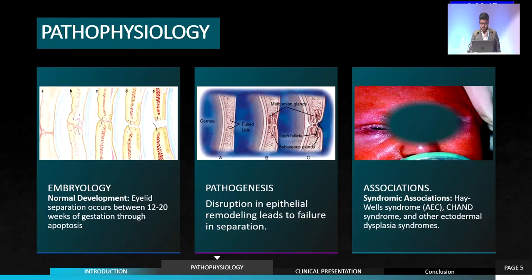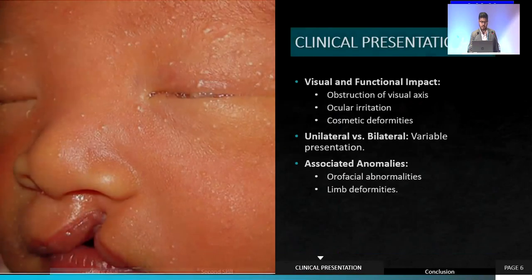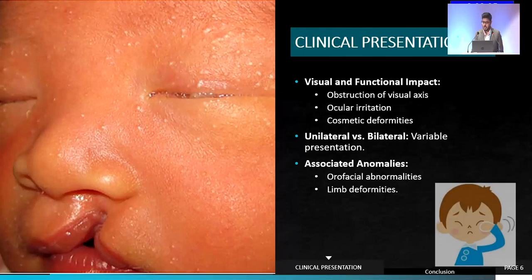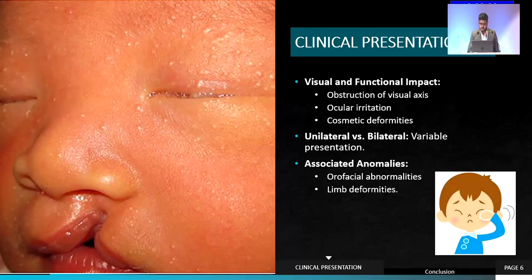They may have various syndromic associations like Chan syndrome or Havel syndrome, which has been depicted here, and other ectodermal dysplasias. Clinically, they may cause visual axis obstruction, ocular irritation, and cosmetic deformities. They may present with bilateral or unilateral presentations and may have orofacial or limb deformities associated with them.